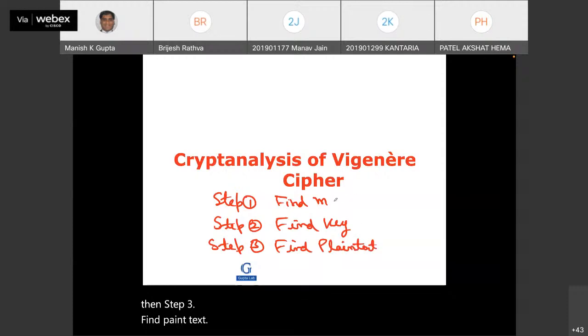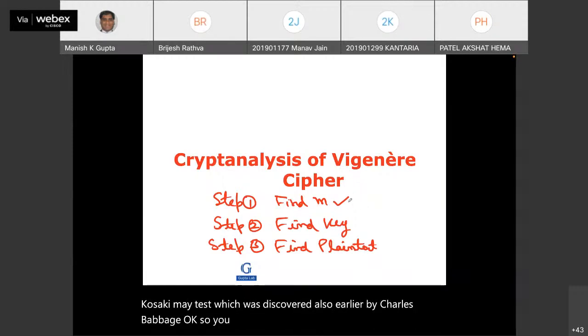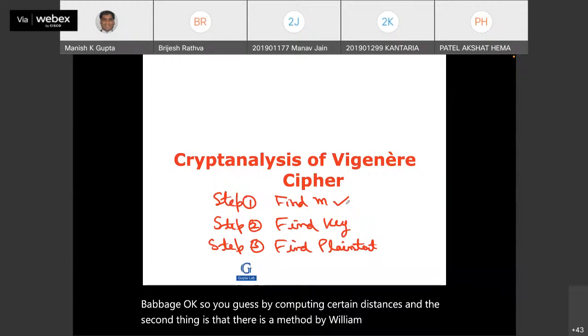Now there are two methods to find m. One is the Kasiski test, which was discovered also earlier by Charles Babbage. You guess by computing certain distances. The second is a method by William Friedman, the index of coincidence.